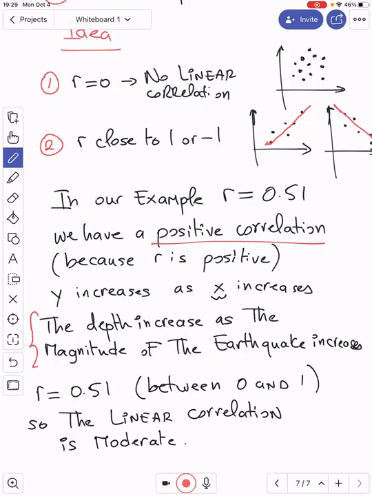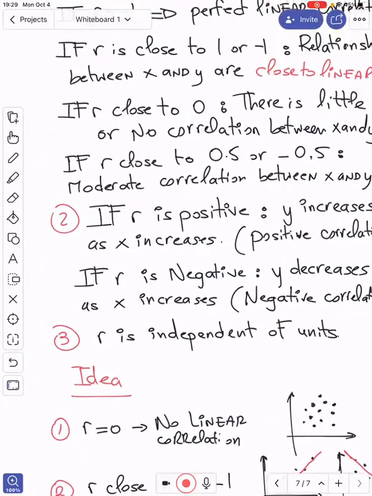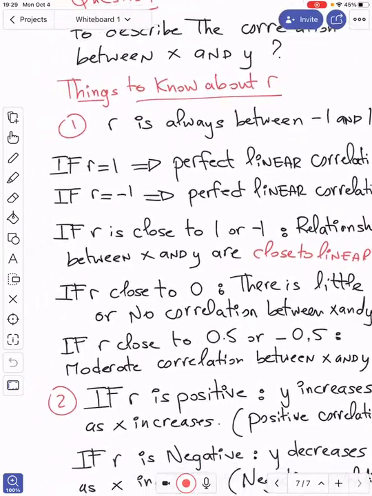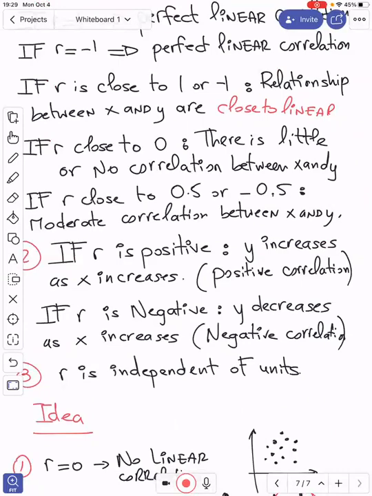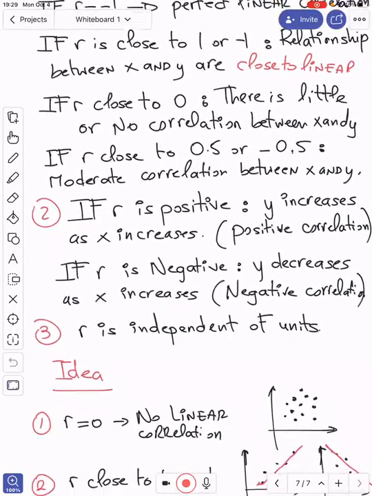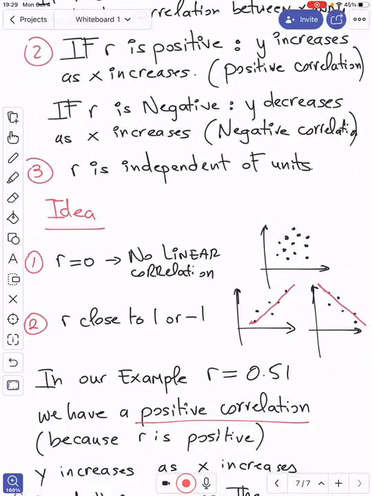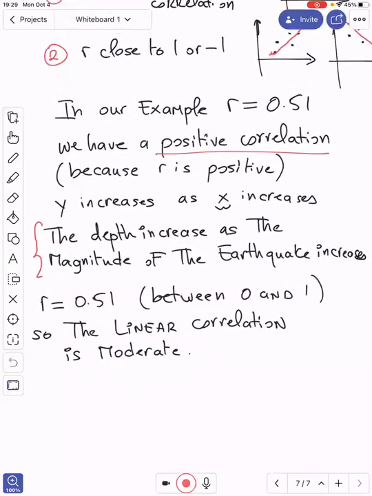Any questions, guys? So that's how we compute this correlation coefficient. And as I said, you can use this R to describe the strength of the linear correlation between X and Y. So just be careful with the formula.